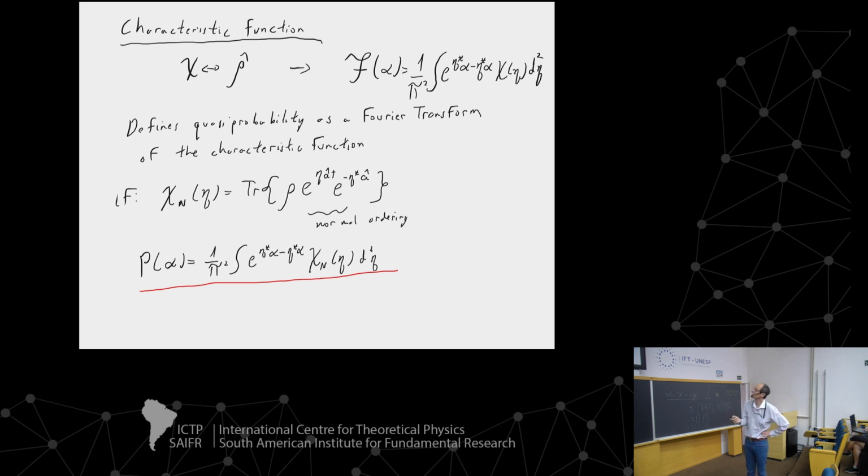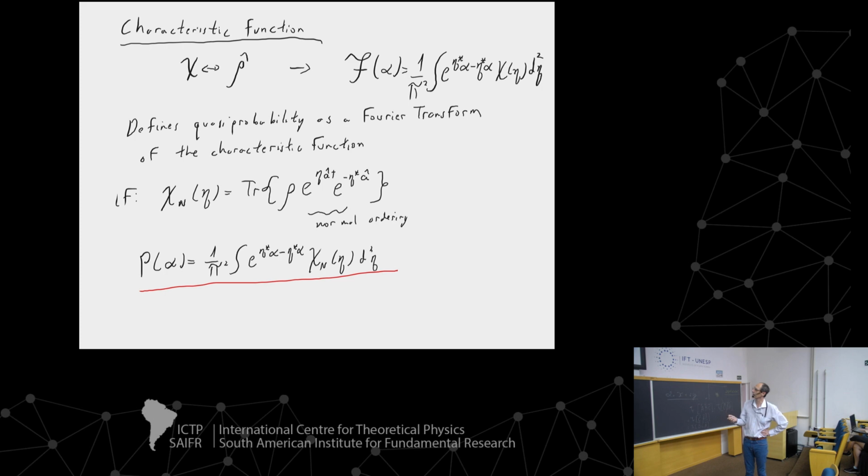The way that you have is basically a way of writing your density operator in terms of a function involving a C number eta. So it can be calculated by the trace of rho times the exponential of eta times a dagger and eta star times a, here left in the normal ordering.